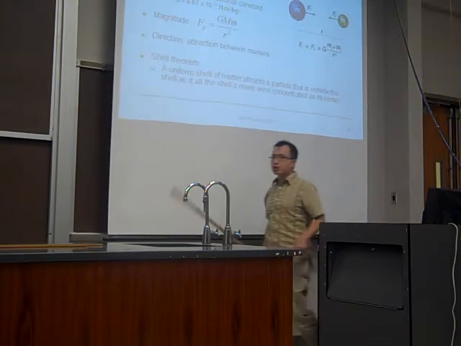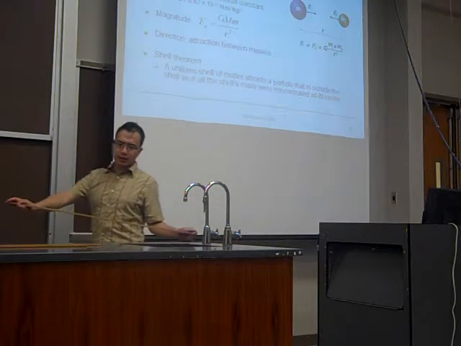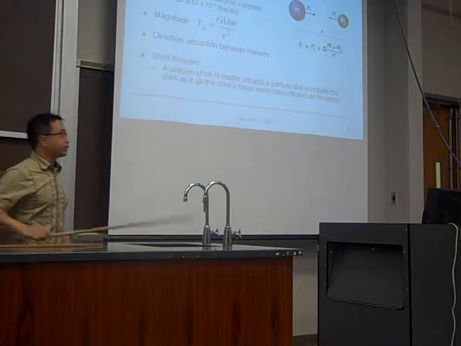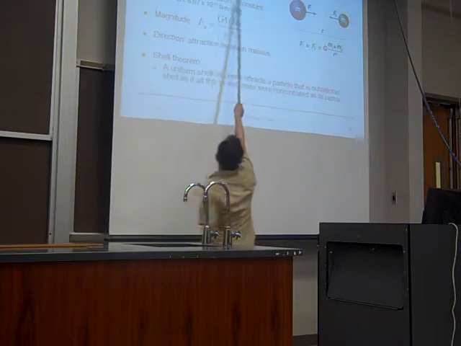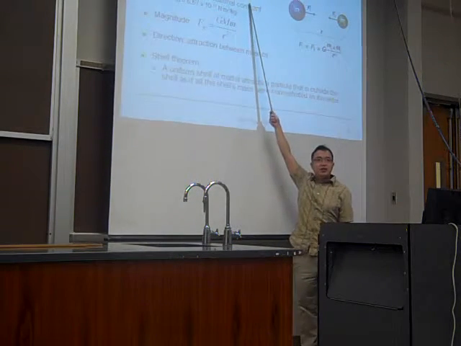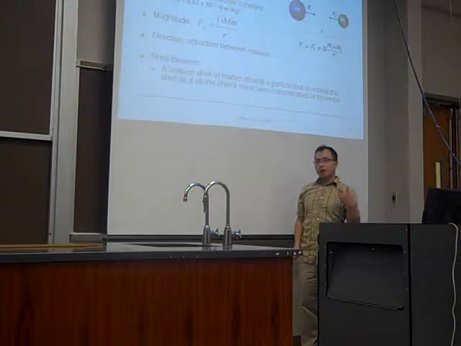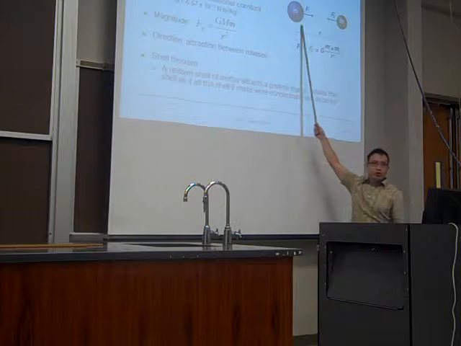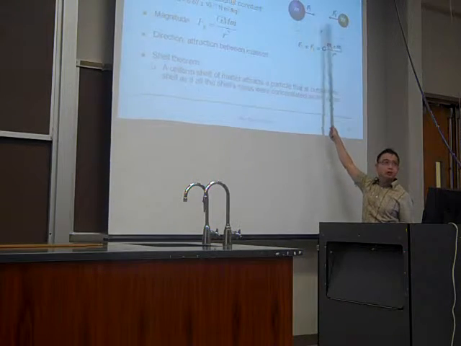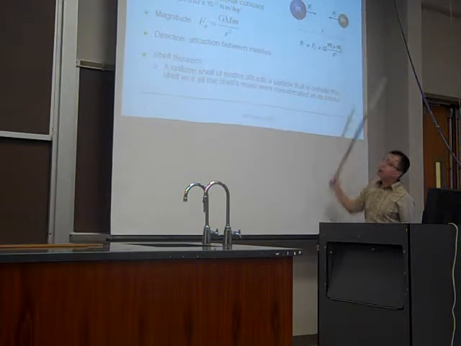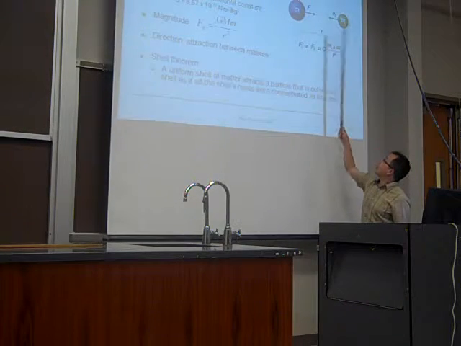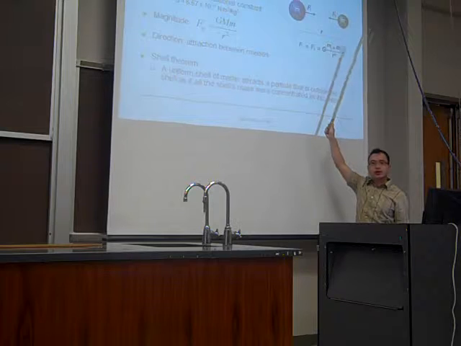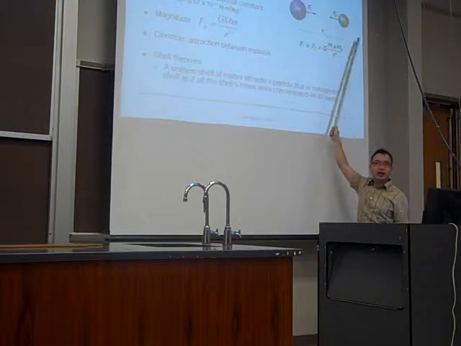The direction, please note, cannot be directly seen from the equation. You have to determine it by yourself. This is a notation which says it's in the radius direction, but it doesn't say much, since basically you need to analyze it from your graph. If you have two masses and you are talking about the gravitational force acting on M1, the force is to the right, because it's attracted by M2.